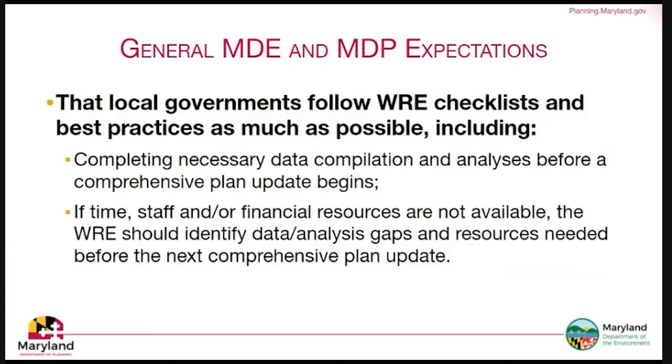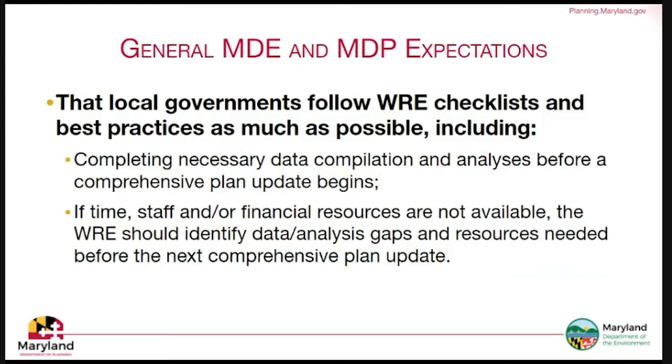Guidance is a description of best practices. So we're asking that local governments, as staff and or financial resources are available, implement the best practices listed in this guidance as well as possible.